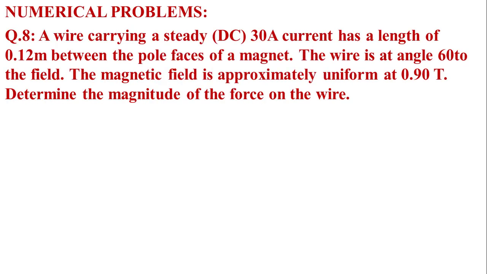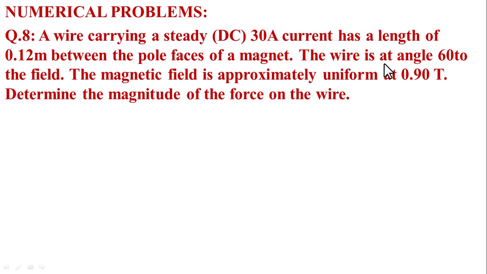In question number 8, the numerical problem statement is: a wire carrying a steady DC current of 30 ampere has a length of 0.12 meter between the pole faces of a magnet.